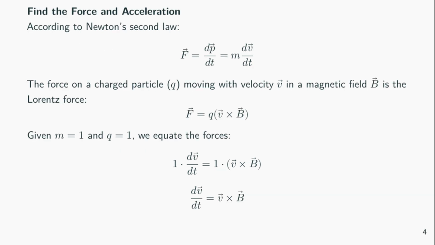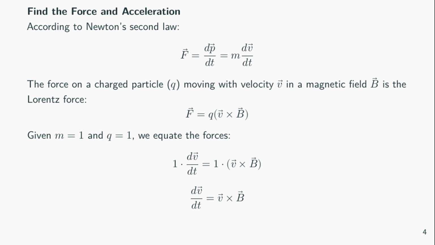Next, let's find the force and acceleration acting on the particle. According to Newton's second law, the force vector F is equal to the rate of change of linear momentum with respect to time, d vector p by dt, which is also equal to mass times the derivative of velocity with respect to time, m times d vector v by dt.